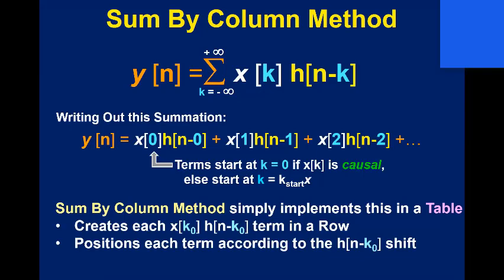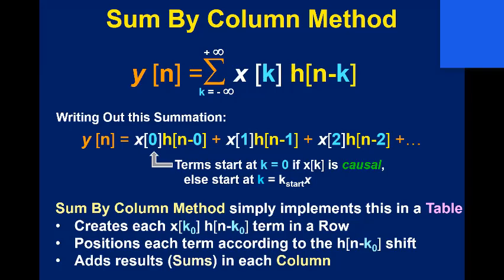What columns their sample values appear in are set by the various delays that correspond to each of these terms. So we shift them to the right position to agree with the shifts implied in these different terms in the summation. And then we literally sum by columns. We sum the columns of the table to get a single value for each index n of our output signal.